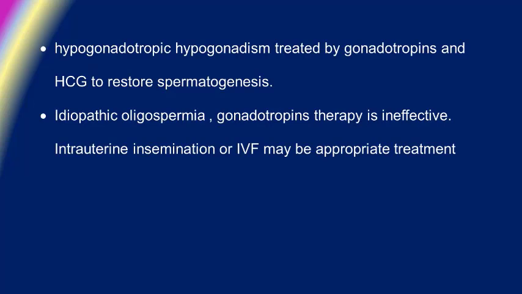In case of idiopathic oligospermia, gonadotrophin therapy is ineffective, so intrauterine insemination or IVF may be the appropriate treatment for this group of patients. Either we do intrauterine insemination if the seminal fluid parameters are a little bit good, or IVF if the seminal fluid analysis parameters are very bad.